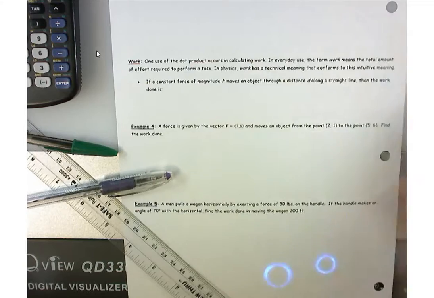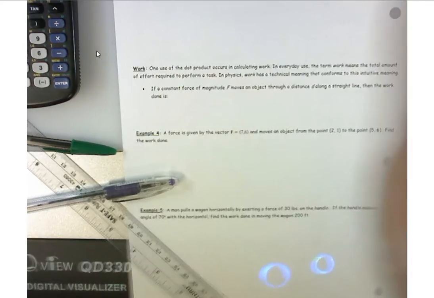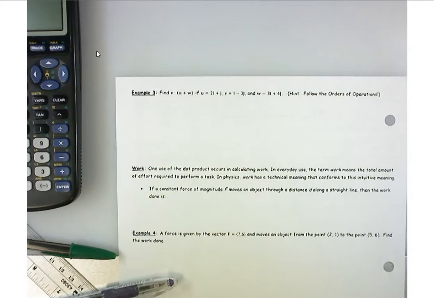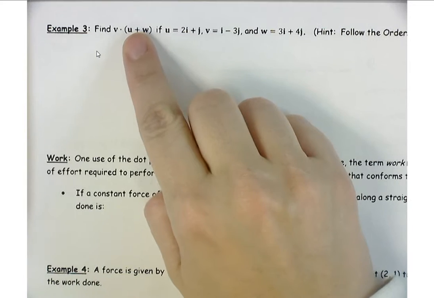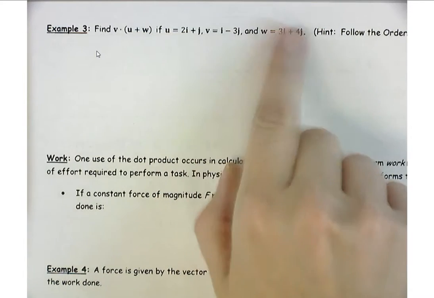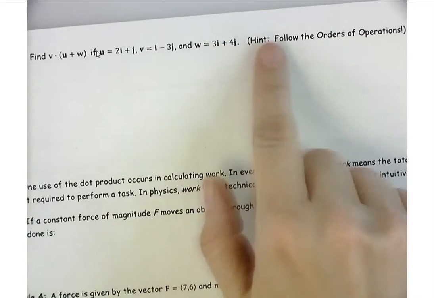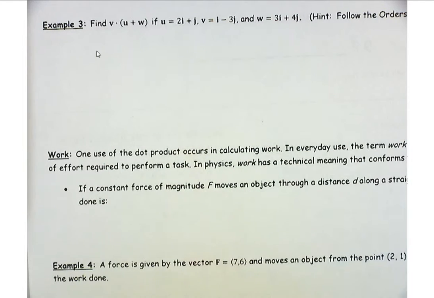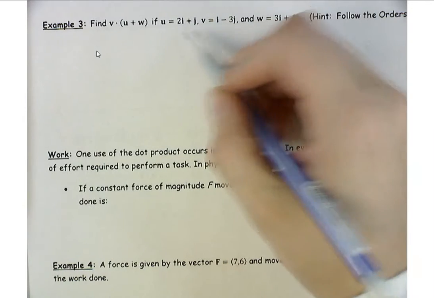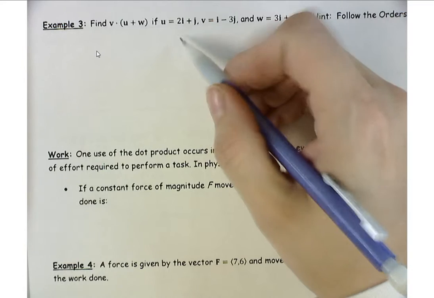All right, and then let's go to the next slide. So what we have to do for example 3 is find V dot the quantity U plus W, and then they give values for U, V, and W, and I said hint to follow the order of operations. There's actually more than one way you can do this. So when I start this problem, I actually prefer my vectors in component form.